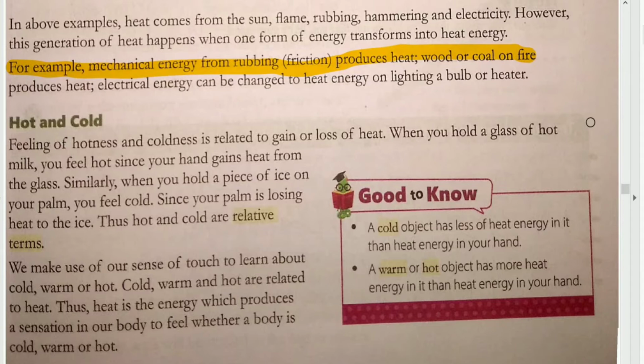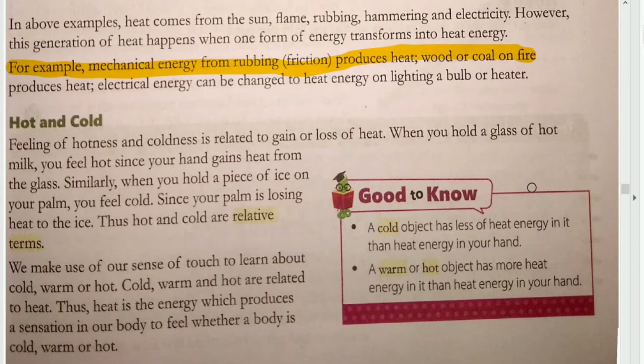Example, when we hold a glass of hot milk, we feel heat from the glass on our hand, and when we hold a piece of ice, then we feel cold. Why? Because of the transfer of heat from our hands to the ice. So this makes the hotness and the coldness of an object.